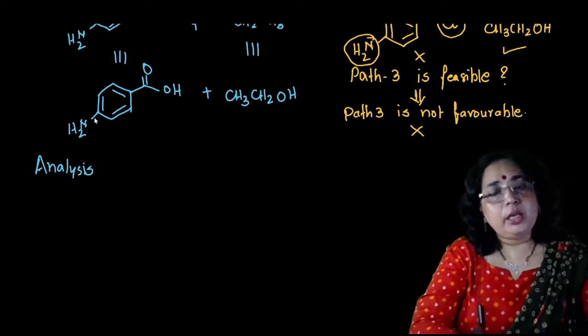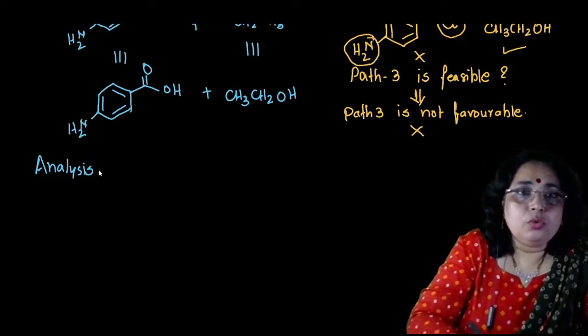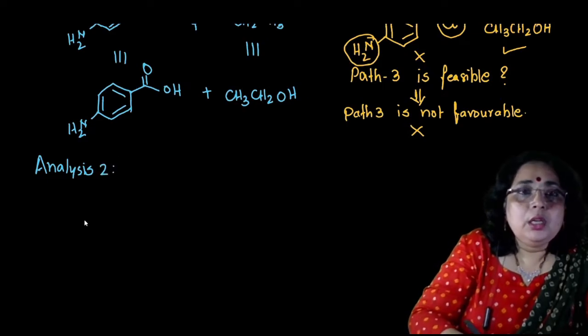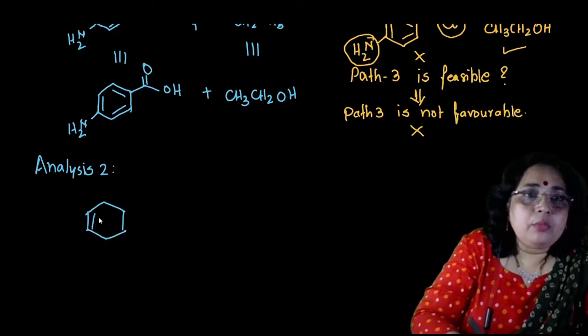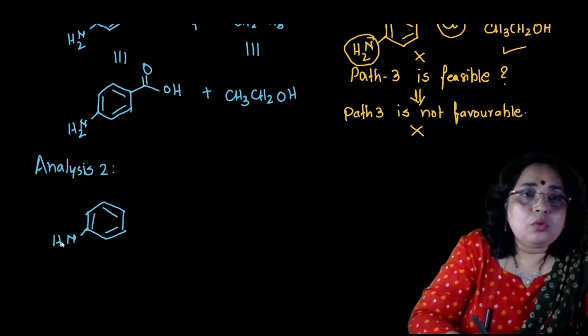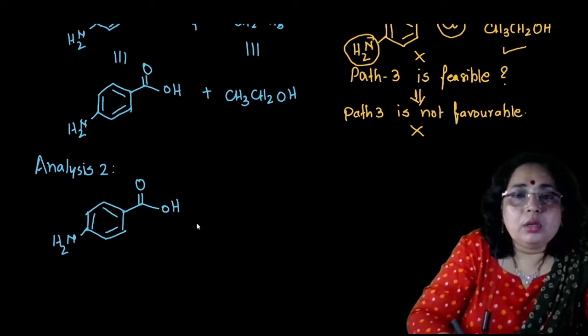Because of the chemoselectivity, we need to remove this NH2. That's why we have to carry this out, and we also need some more simplified molecules as starting material. So the second part of the analysis has to be carried out.